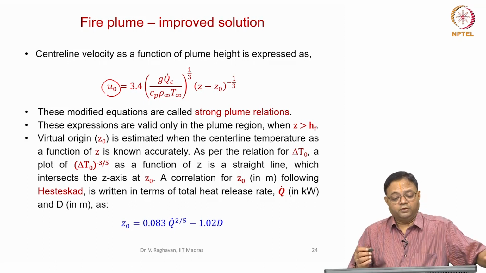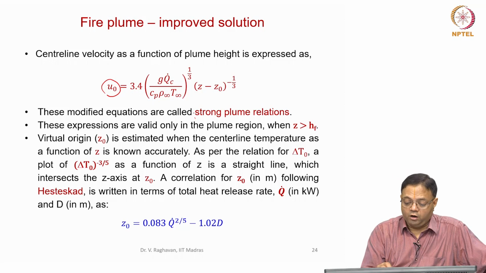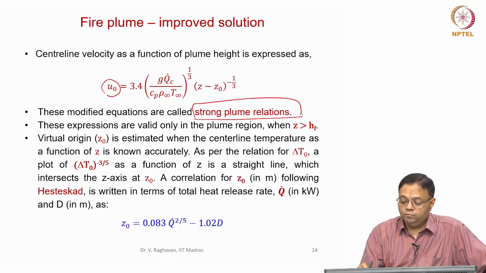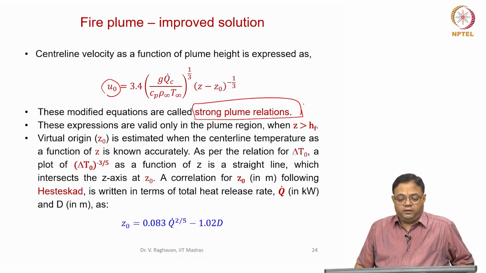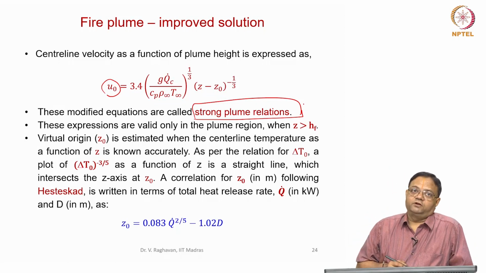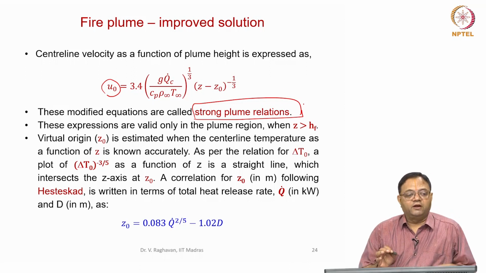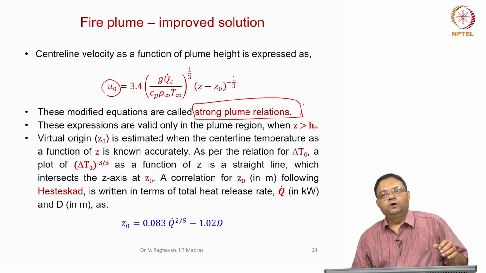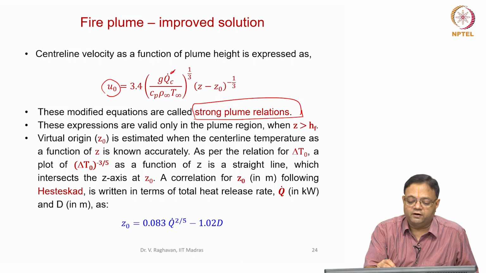Now these solutions we have got are called strong plume solutions. That means the plume is strong enough, that is, the fire is very strong, and we are not considering a very weak plume, where the convective strength arises from the heat release rate.